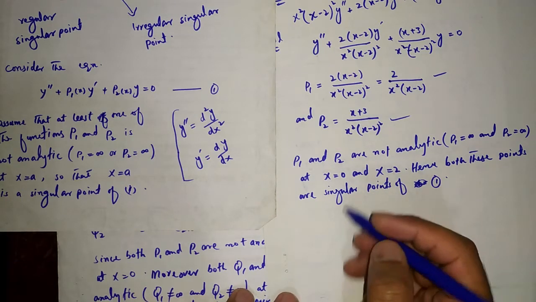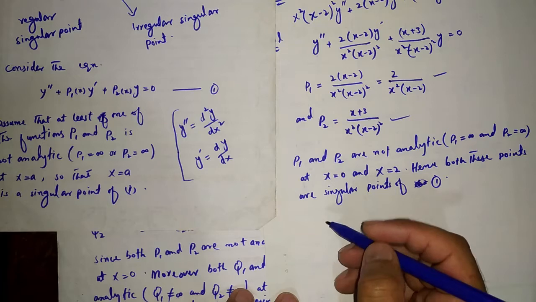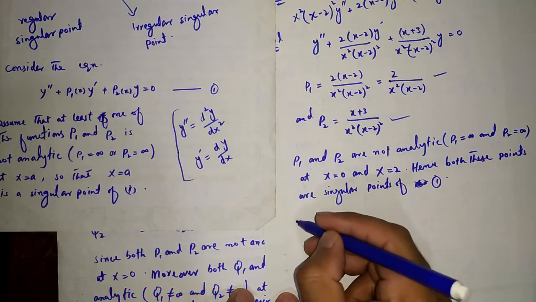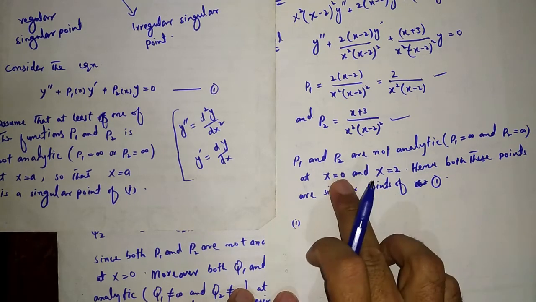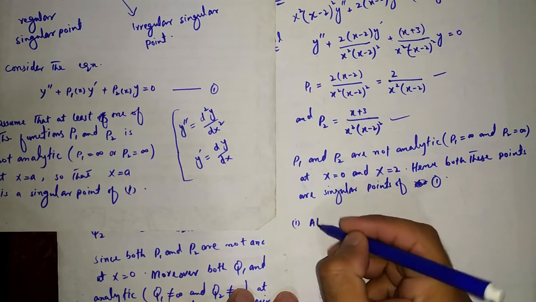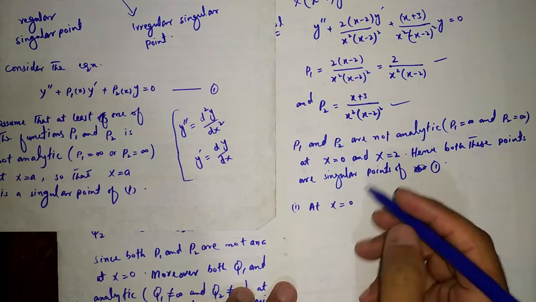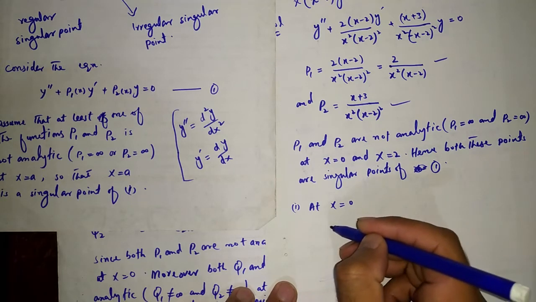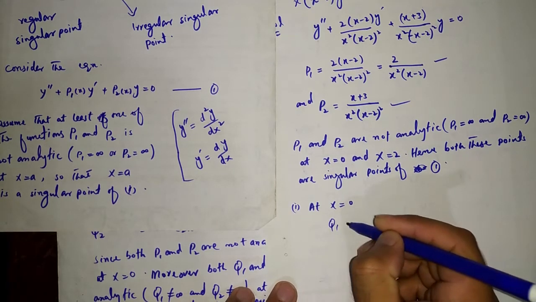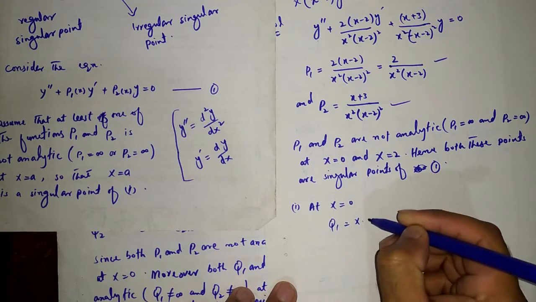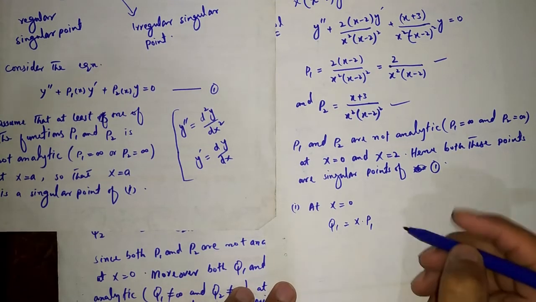Now, checking for x equals 0 first, we are going to find q1. q1 is x times p1. Clear?